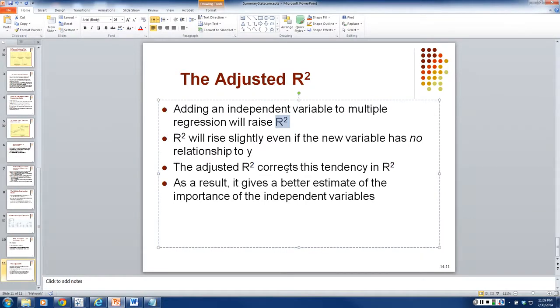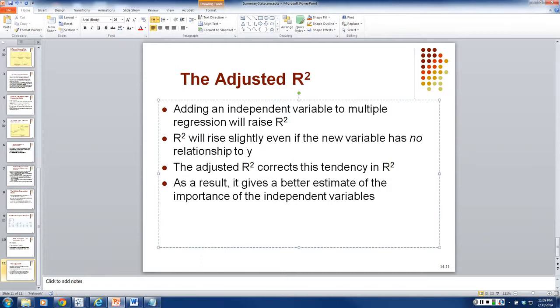There is also a concept of adjusted R-square. If we add any variable to an equation, no matter what variable we add, the R-square value will always increase. This is just because of the mathematical nature of R-square, even if the variable we include has no relation to y.